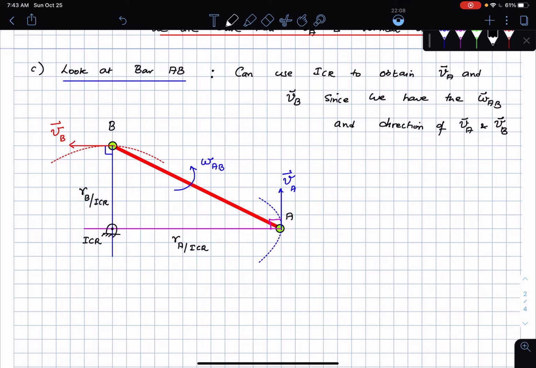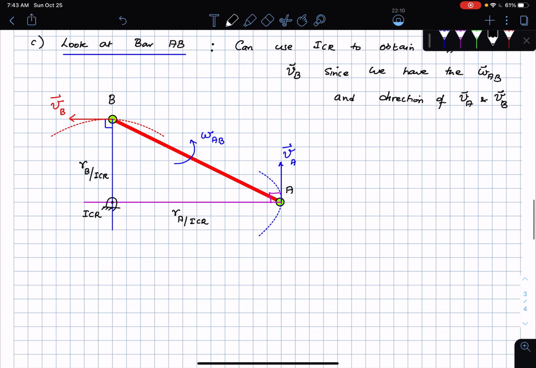Before I go ahead and do the distances, something that I can easily write using the right hand rule: the magnitude of VA is omega AB times R_A/ICR, and the magnitude of VB is omega AB times R_B/ICR.